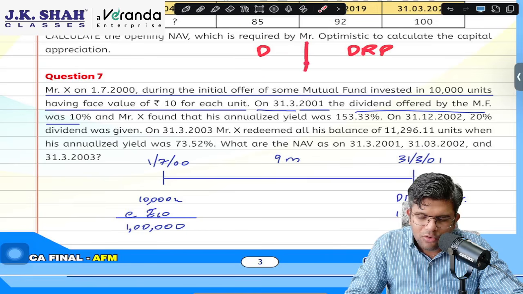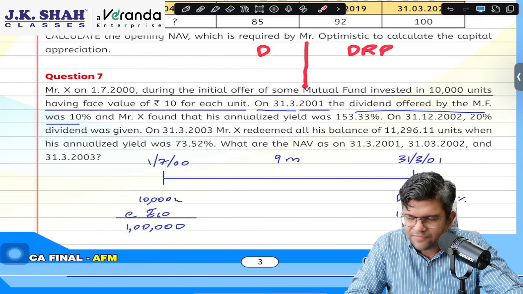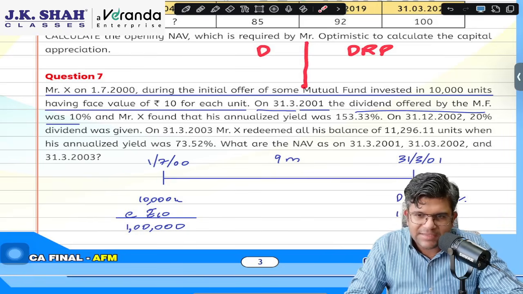Can you look into the question and just see for some hints, if any? Which plan is this? Wow, you all are so smart, amazing. How did you figure out it is not mentioned anywhere, dividend reinvestment and all that?